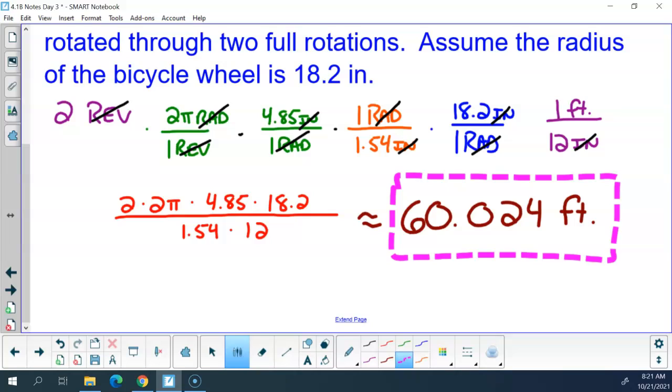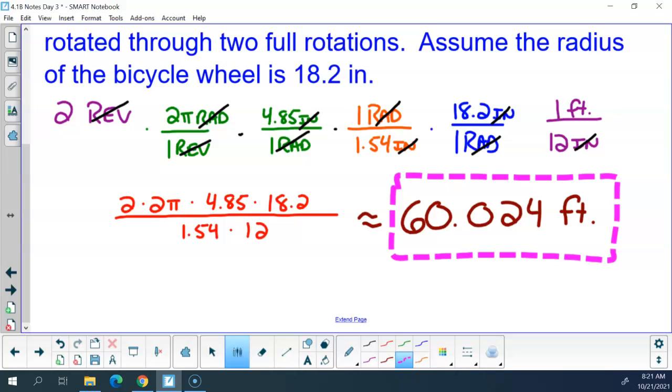There could be a lot of offshoots coming off of this too. What if you pedal the pedals at a rate of 2 revolutions per 10 seconds, let's say? We can ask, how fast are you going?